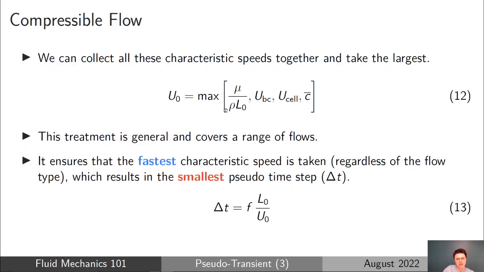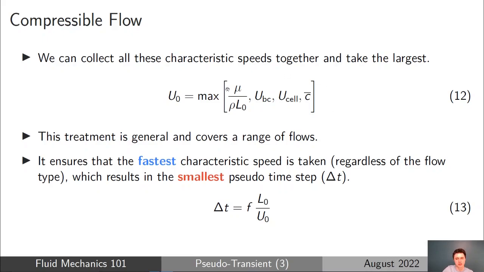And so what the CFD code is actually doing here is before you start the calculation, it's going to go ahead and calculate what each of these characteristic speeds are, and then it will take the largest value and use that for the characteristic speed for the entire domain. And this is a fantastic approach because it means the user doesn't actually have to say to the CFD code before you start, by the way, this is a compressible flow, or by the way, this is a creeping flow at low Reynolds number.